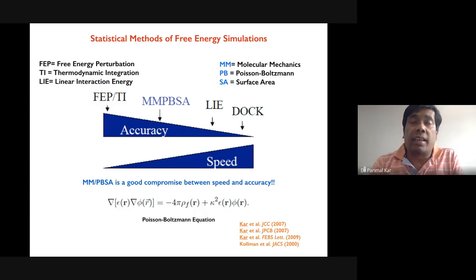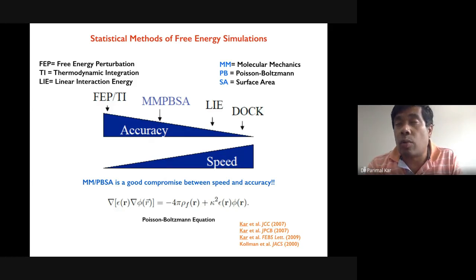Or you want to get the exact ranking of these 20 molecules, to know which one is the best molecule. Because whatever you are getting from docking, you really cannot trust those results, because there is some error associated with it. And if the difference in energy between two ligands is only, say, 0.5 kcal per mole or 1 kcal per mole, then how would you differentiate?